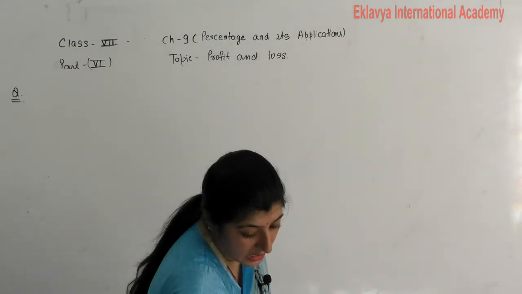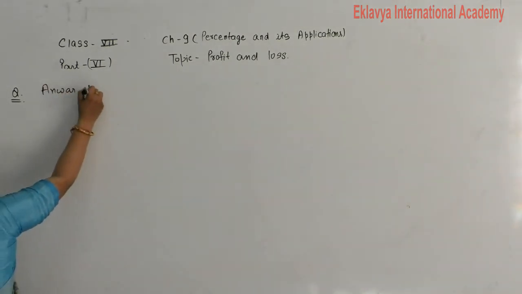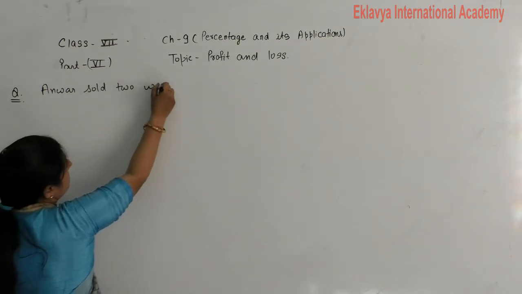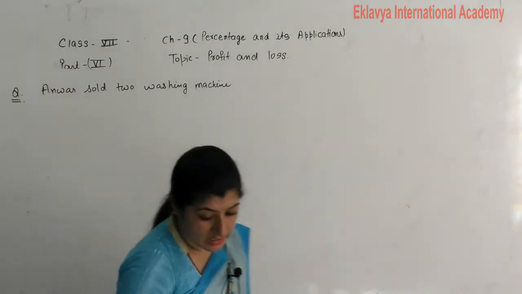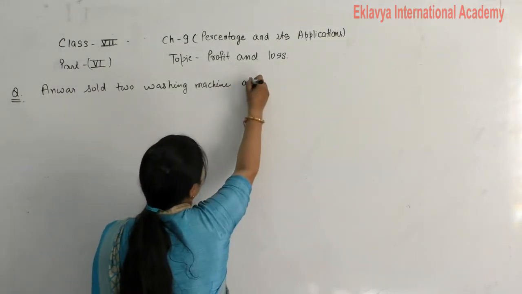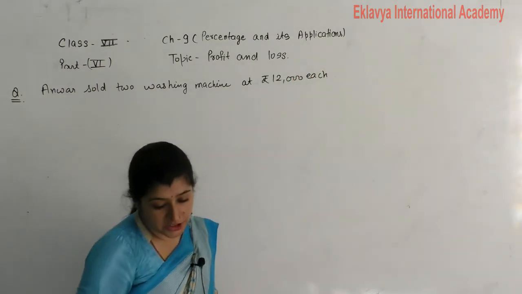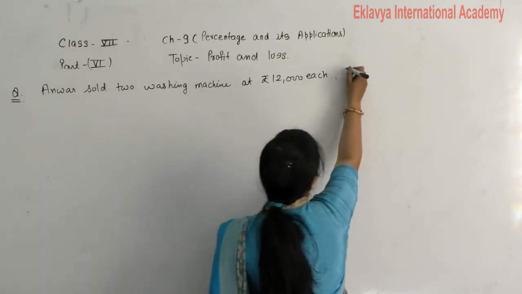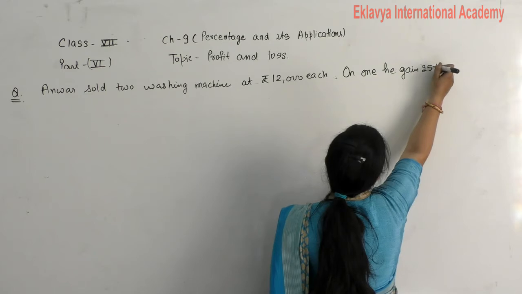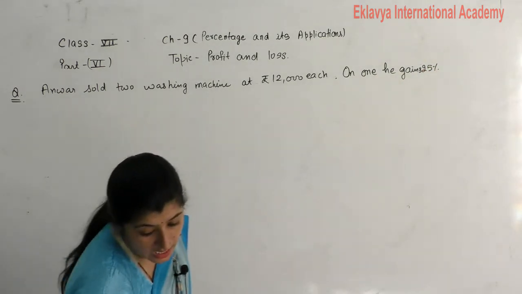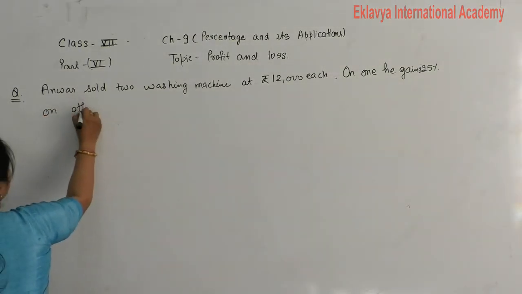Okay, 2 more questions. Anwar sold 2 washing machines at rupees 12,000 each. On one he gains 25% and on the other he loses 25%.